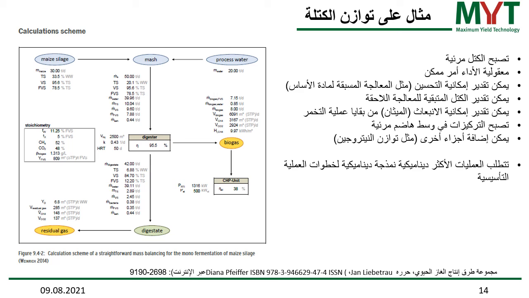Second, you can see the mixture, the mash, because there's also some process water added here, and then this goes into the digester, and there's a certain retention time given, a certain degradation rate, and a certain digester volume. And here a certain efficiency is actually calculated based on these values for this process. And then the mass of digestate comes out here.